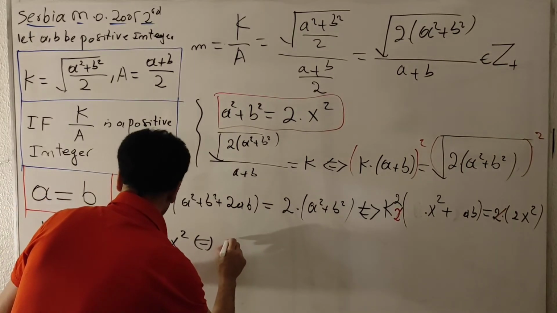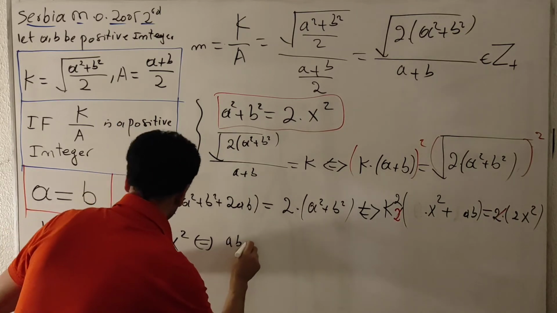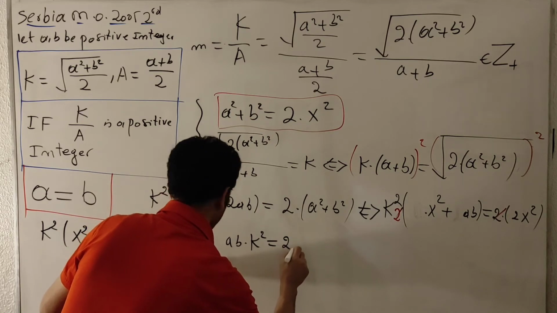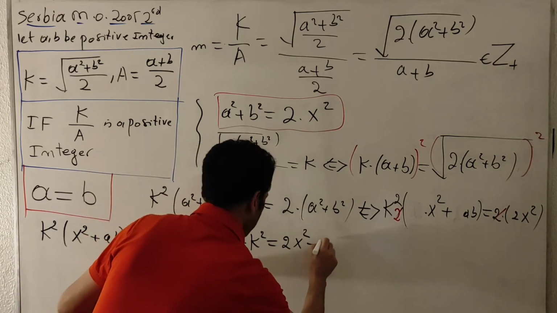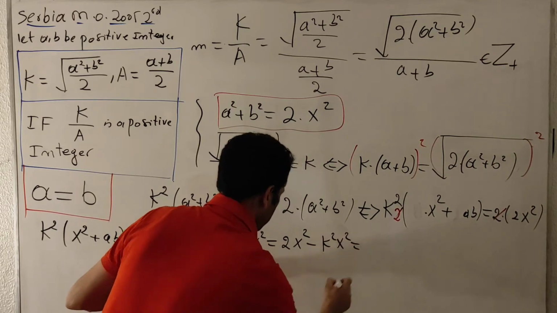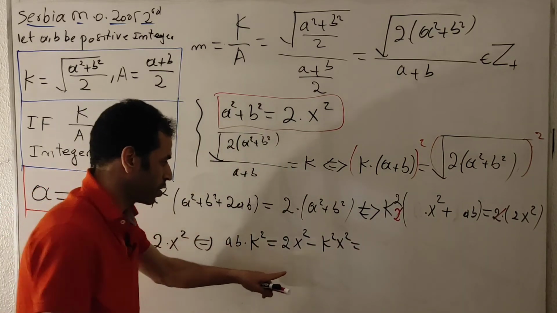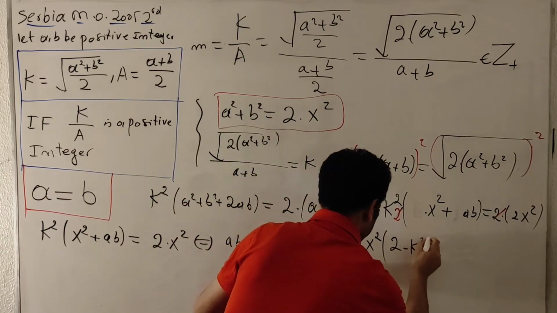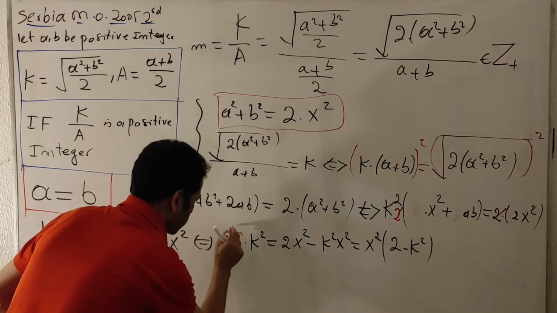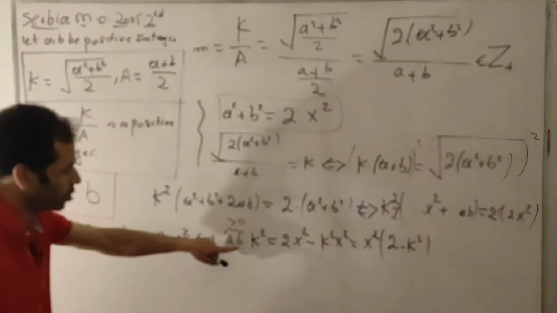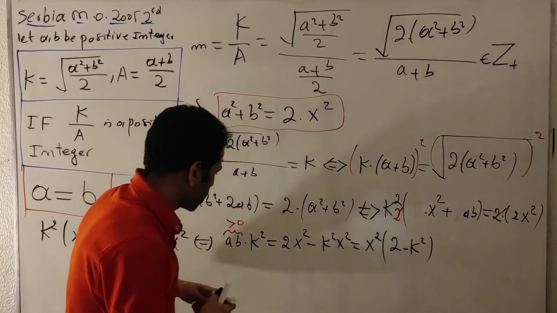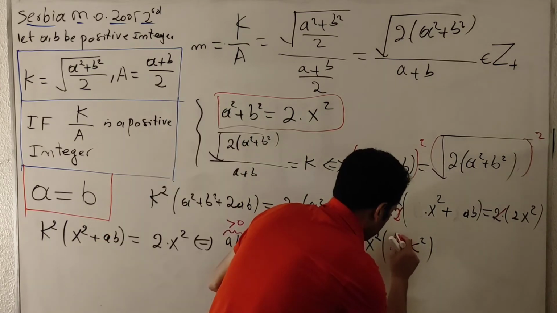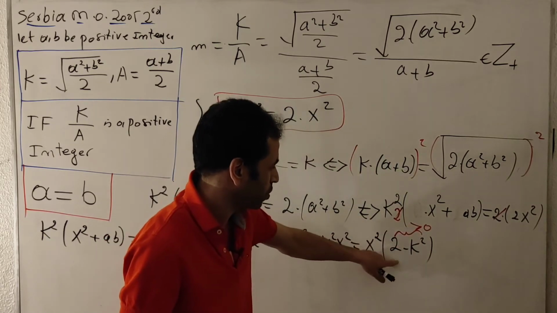I will get ab multiplied by k square equals 2 times x square minus k square x square. By taking x square as a common factor, I will get x square times (2 minus k square). Since ab is a positive integer, strictly greater than 0, and k also is positive, the right hand side of this equation is positive as well. Since x square is positive, this term must be positive as well.